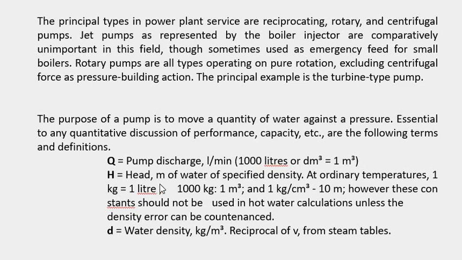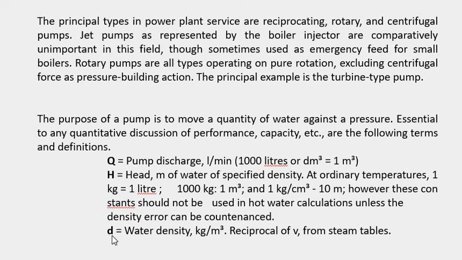Uppercase H is head, meters of water of specified density at ordinary temperatures. 1 kilogram is equal to 1 liter, and 1,000 kilograms is 1 cubic meter, and 1 kilogram per square centimeter is equal to 10 meters. However, this constant should not be used in hot water calculations unless the density error can be counterbalanced.